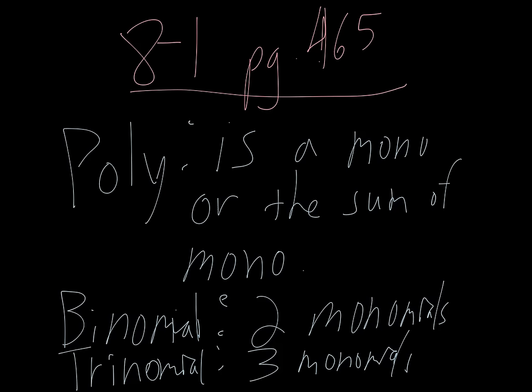The second set can be a little bit harder, and that's going to be the degree of a monomial. We're going to spend some time talking about the degree of a monomial and polynomial today. All right, so first, we're talking about degree. And that definition in your book works pretty well. If you go to page 465, the degree of a monomial is the sum of the exponents of all of its variables.